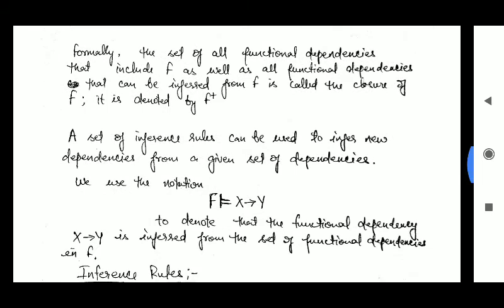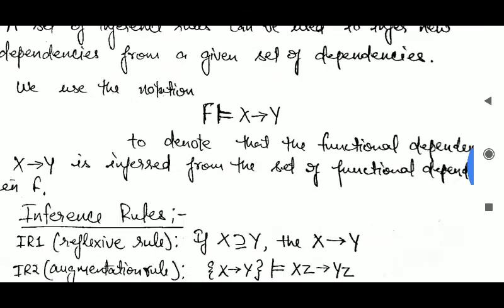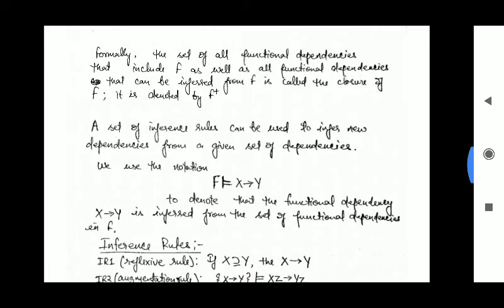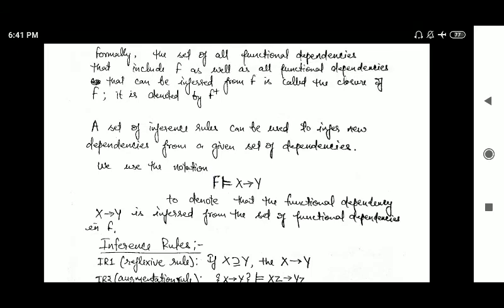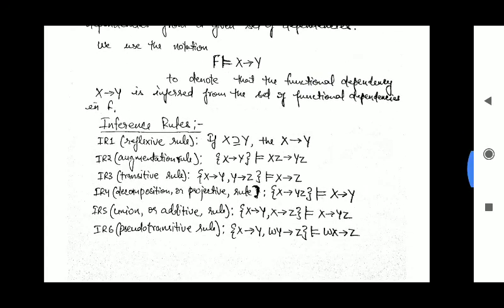A set of inference rules can be used to infer new dependencies from a given set of dependencies. We use this notation to denote that the functional dependency X implies Y is inferred from the set of functional dependencies in F. Now these are the inference rules.